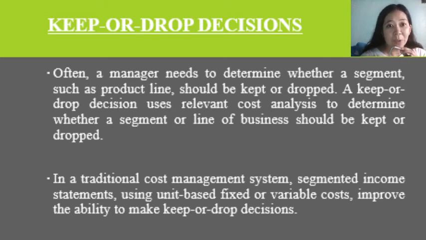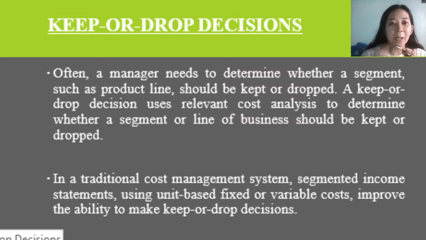So a keep or drop decision uses relevant cost also for the analysis to determine whether a segment or line should be continued or closed. In a traditional cost management system, the segmented income statements using the unit-based fixed or variable cost improve the ability to make this keep or drop decision making.